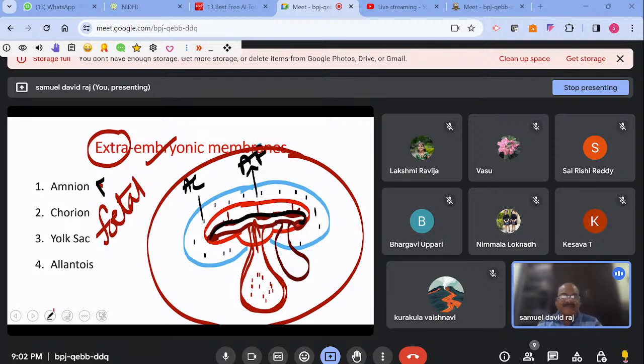Okay, and this chorion forms a connection with the placenta. Sorry, with the wall of the uterus. So when it forms a connection with the wall of the uterus, we call it as a placenta. Okay, and if chorion takes part in the formation of placenta, we call it as chorionic placenta.